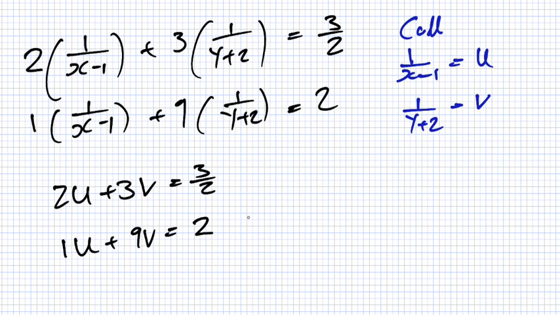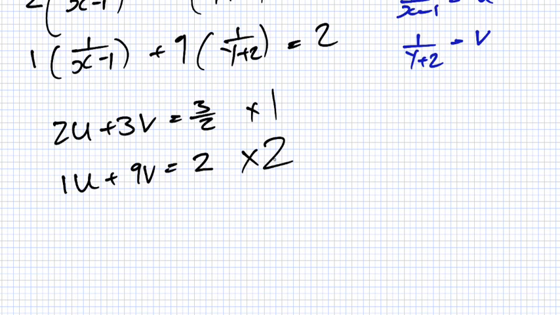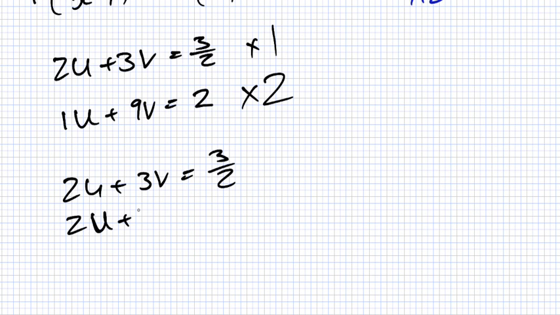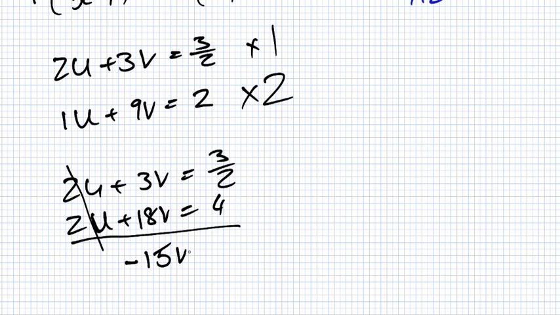So let's multiply this second one by 2, and we'll keep this one here the same. So I get 2u plus 3v equals 3 over 2, and 2u plus 18v equals 4, and I subtract. So that would be here minus 15v, and then 3 over 2 minus 4 is minus 5 over 2.